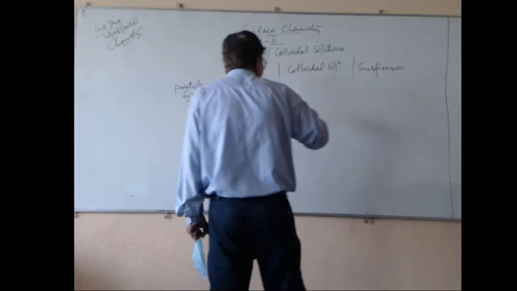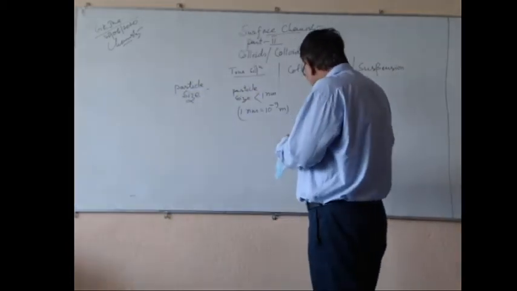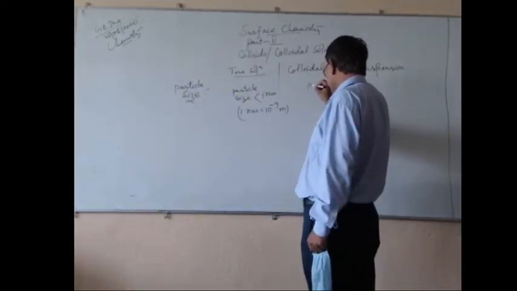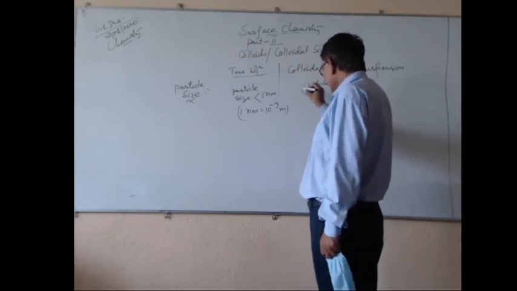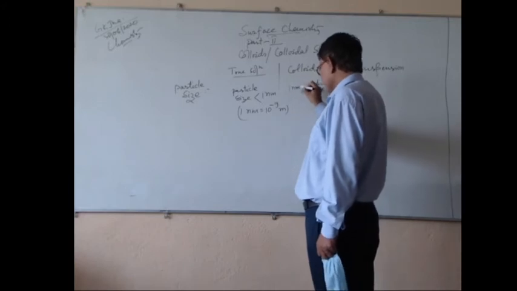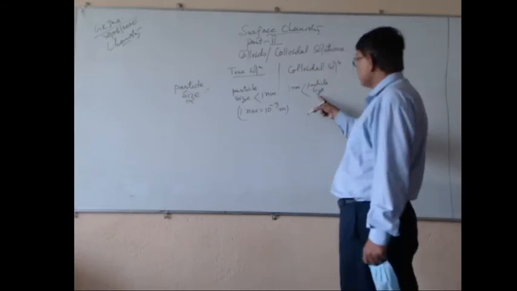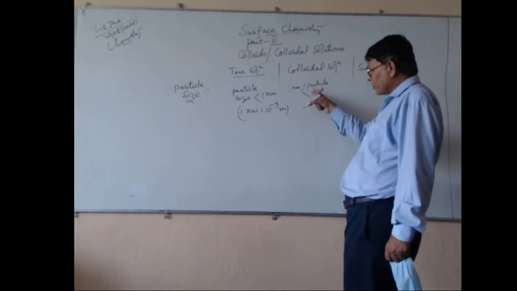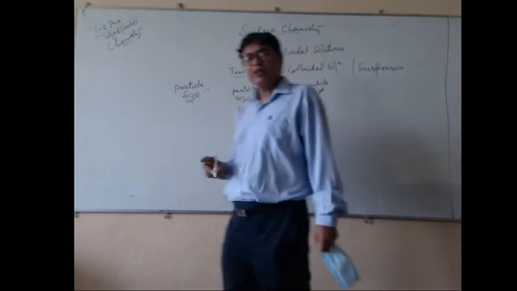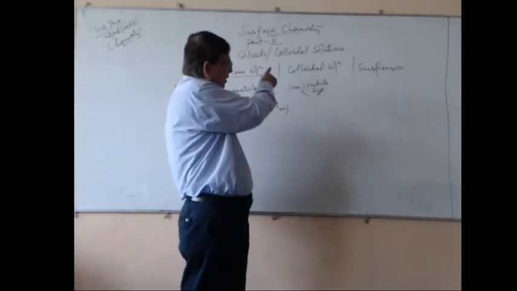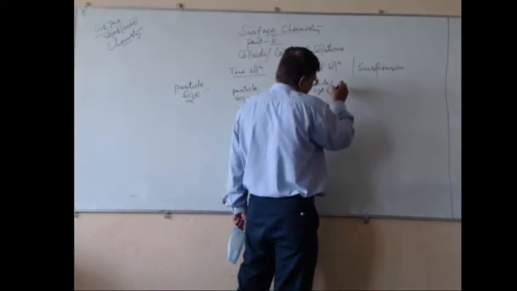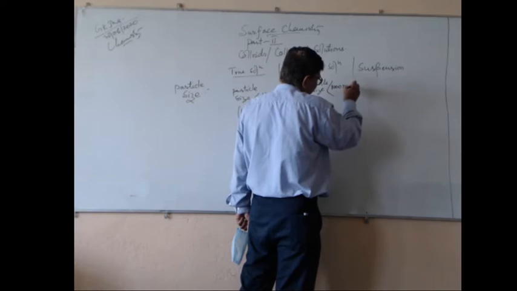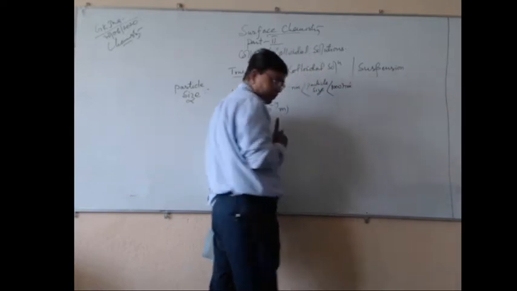Now, in case of colloidal solution, particle size is greater than 1 nanometer. Particle size of colloidal solution is greater than 1 nanometer but less than 1000 nanometer.